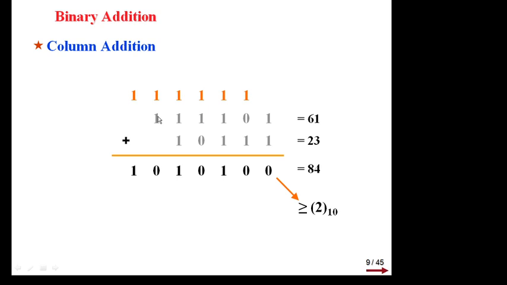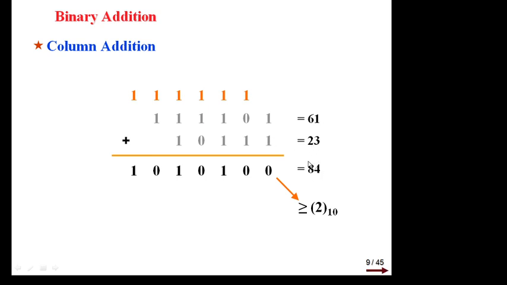Where there is 1, add 32 plus 16 plus 8 plus 4 plus 1, that is 61. You can determine it directly. Similarly 23, the positional weights are 1, 2, 4, 8, 16. 16 plus 4 is 20, plus 2 is 22, plus 1 is 23.